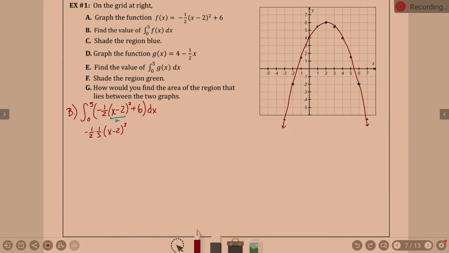And then if we have to think about, okay, what would have been the derivative of the inside, we can do this because the derivative of x minus 2 was just 1, right? There was nothing to compensate for. What's the integral of 6? 6x. And so this is all going to be evaluated from 0 to 5. If I clean up that front piece a little bit, it's negative 1/6 times x minus 2 to the third plus 6x.